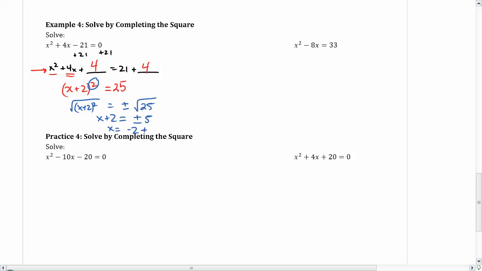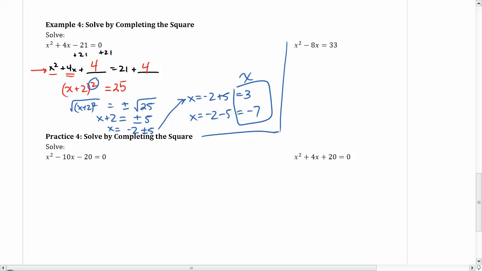X equals negative 2 plus 5, x equals negative 2 minus 5. Well, negative 2 plus 5 is 3, so one solution is 3. The other one is x equals negative 2 minus 5, which is negative 7, so x equals negative 7. These right here are your two x values, which would make this one true.